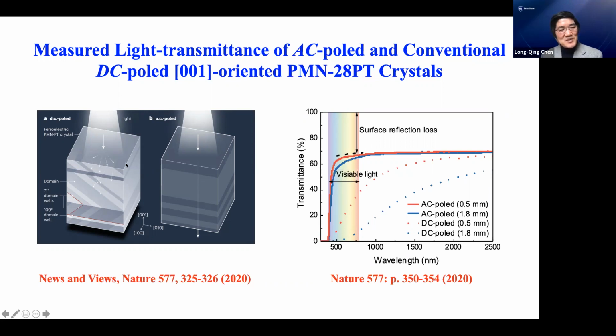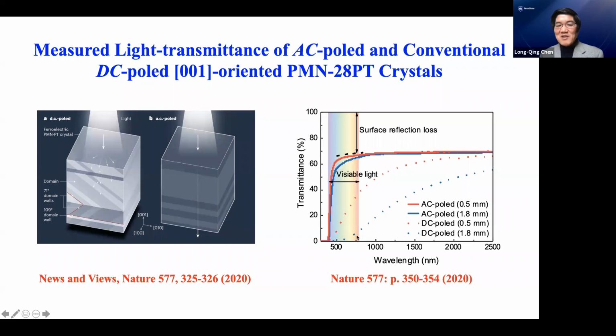So the DC pole crystals still have a lot of these 71-degree domain walls, and they appear opaque, but for the crystal poled using AC, now with essentially only 109-degree domain walls, it's like a transparent.